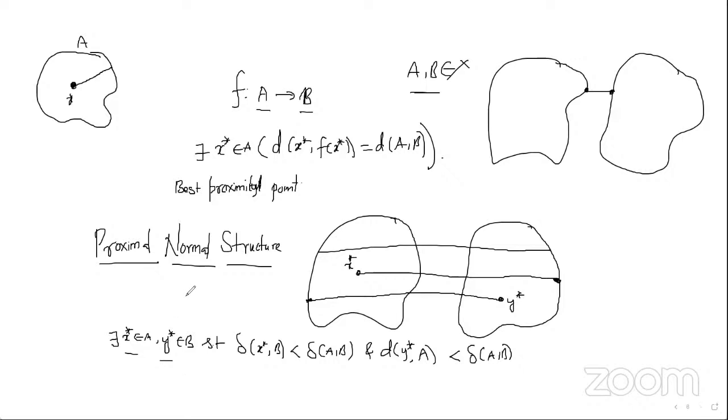Proximal normal structure is defined as follows: a pair AB is said to have proximal normal structure if every subpair of AB has proximal non-diametral points.